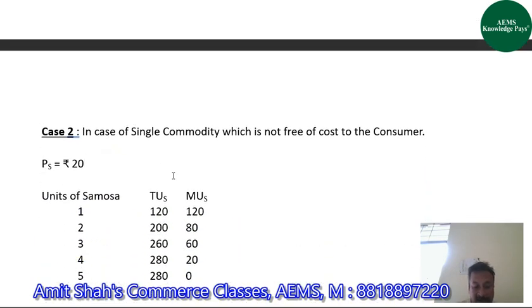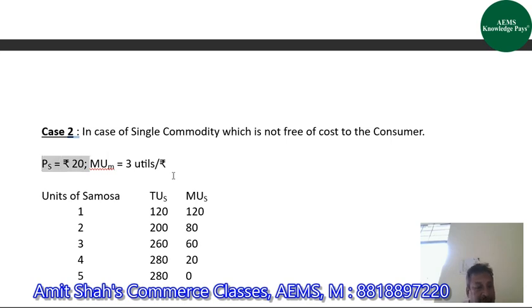And consumer's MUM is 3. It means 3 utils per rupee. Have you understood what I have just explained, guys?